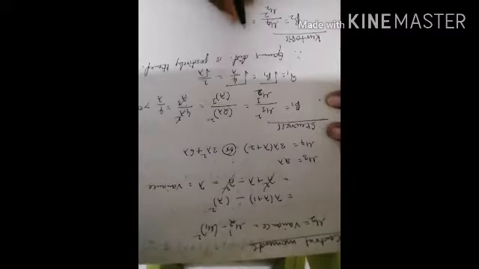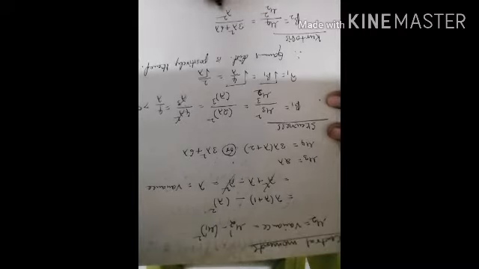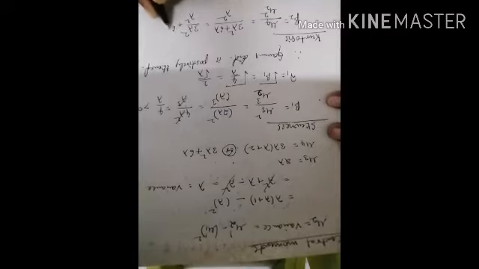What is kurtosis formula? Beta 2 is equals to mu 4 by mu 2 square. What is mu 4? 3 lambda square plus 6 lambda by mu 2. Mu 2 is lambda, mu 2 square means lambda square, right? So when you take out separately, 3 lambda square plus 6 lambda by lambda square. So lambda square, lambda gets cancelled.